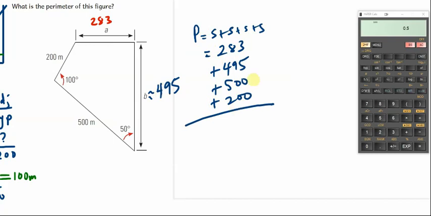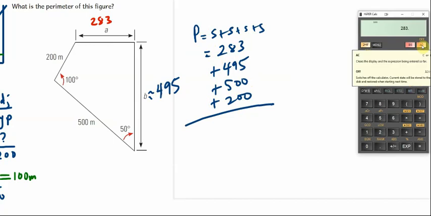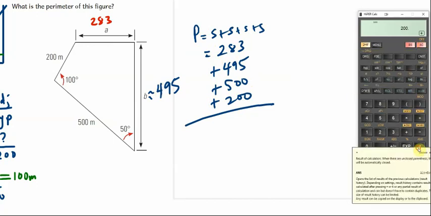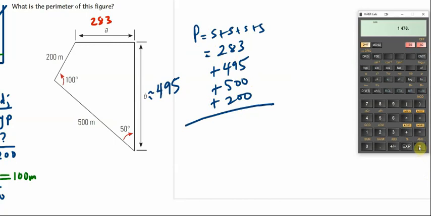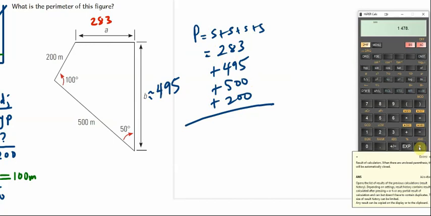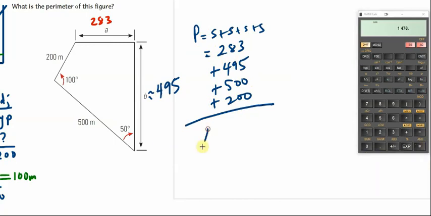And if you want to use a calculator at that point, go right ahead. So 283 plus 495 plus 500 plus 200 equals 1478. Okay, so that's the perimeter of this figure.